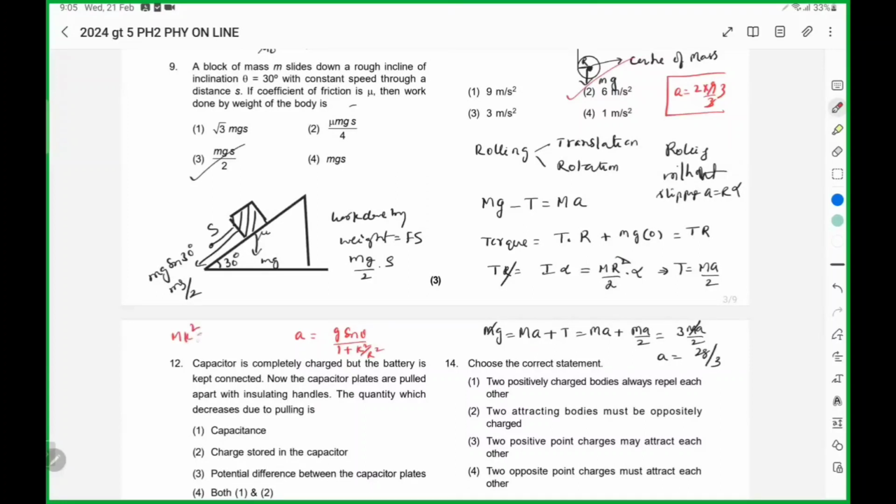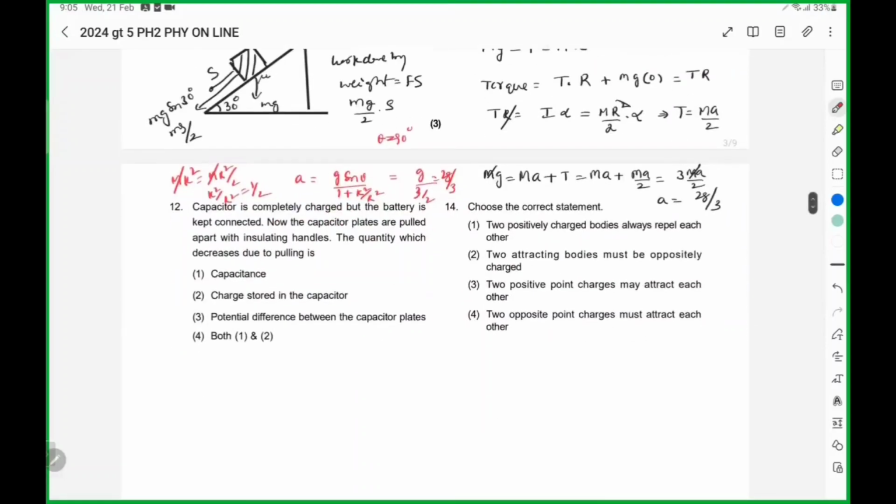Here mk square is mr square by 2, where k is the radius of gyration, so k square by r square is half. Here theta is 90 degrees. So g by 1 plus half, which is g by 3 by 2. This way also the problem can be solved.